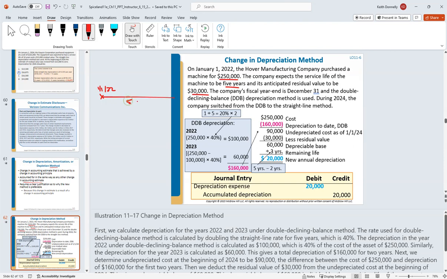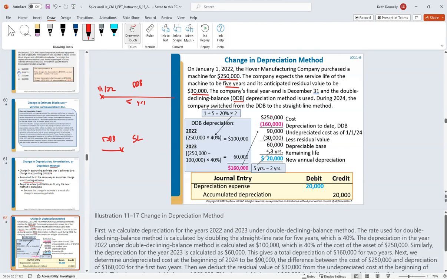So they think originally it's going to be 5 years with a residual value of 30, and they're using double declining balance to depreciate that. That's what they were originally doing. Now they say, hey, during 2024, the company switched from double declining balance. Now we want to switch to straight line. How do we deal with that?